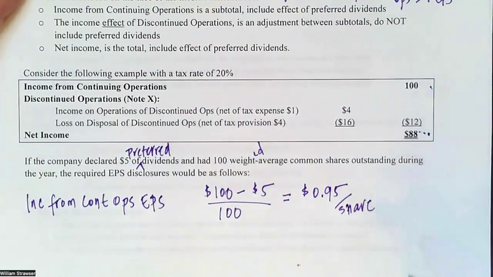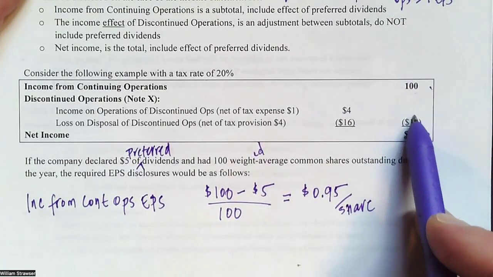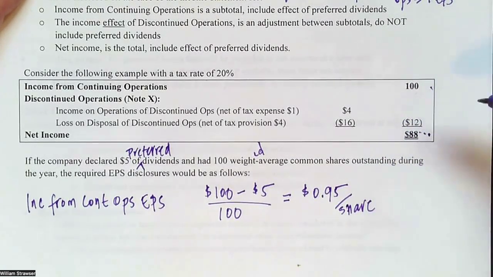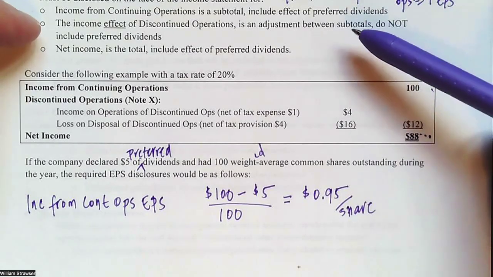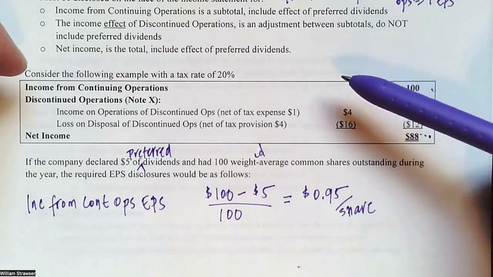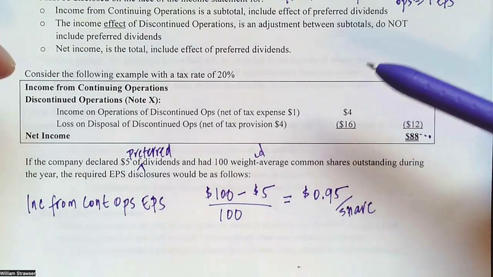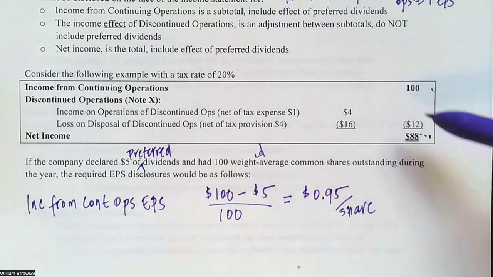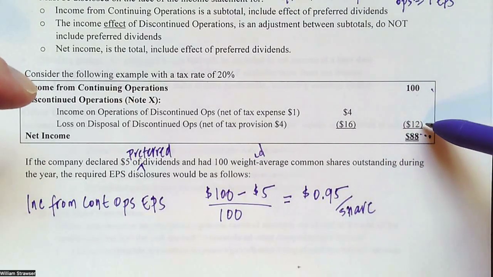Now, we look at the effect of the discontinued operations, right? And as I say up here, it's an effect, it's an adjustment, not a subtotal. So we do not consider this a pool of wealth that is due to common holders, whether it's positive or negative, right?